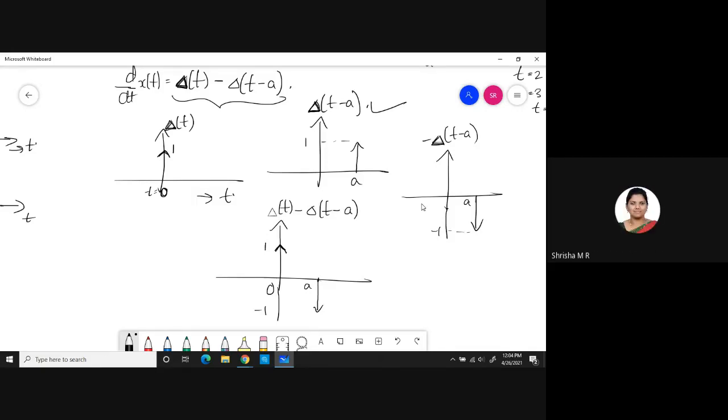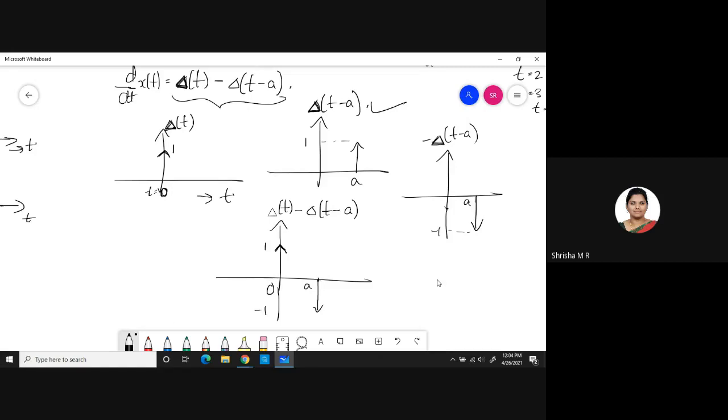Try to imagine these signals, how they are shifting. This is time shifting. Then amplitude scaling: you are scaling it by a factor of minus 1.